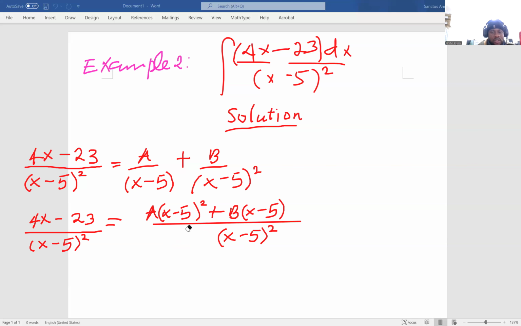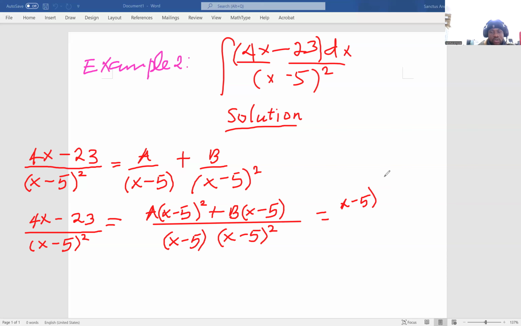If I still leave it this way, that means this can be x minus 5 put in bracket.